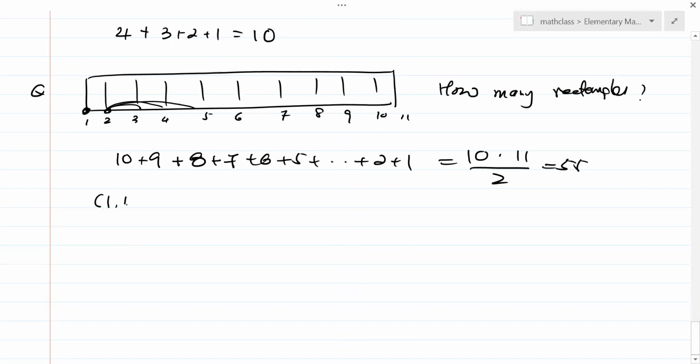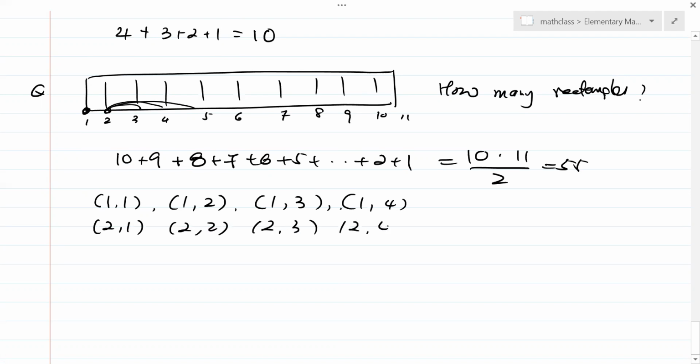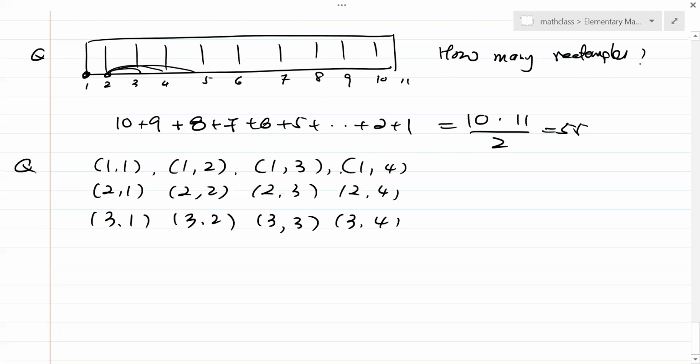Okay, 1 and 1, 1 and 2, 1 and 3, 1 and 4, and then here's 2 and 1, 2 and 2, 2 and 3, 2 and 4, 3 and 1, 3 and 2, 3 and 3, and 3 and 4. So my question is, how many pairs of numbers are there?